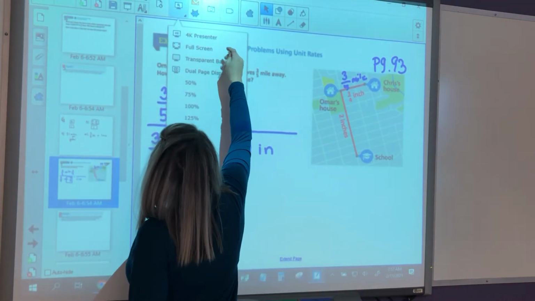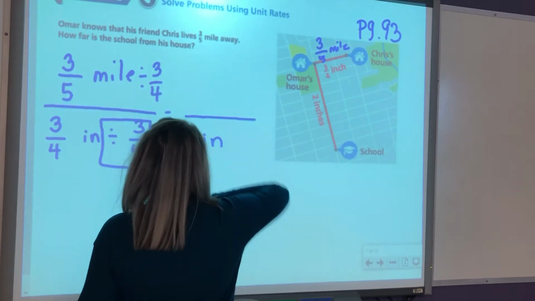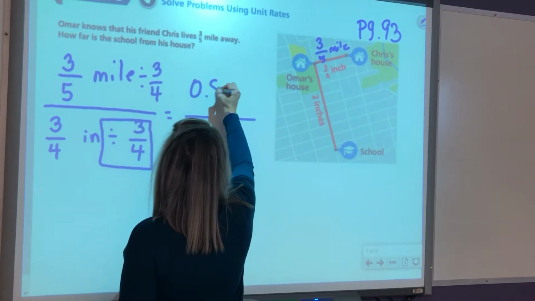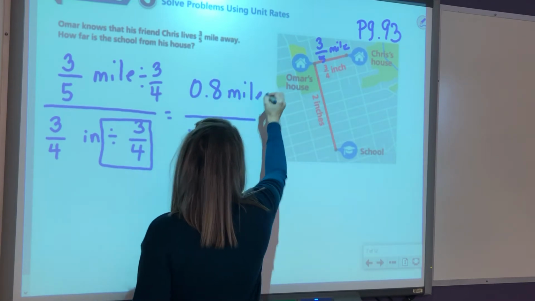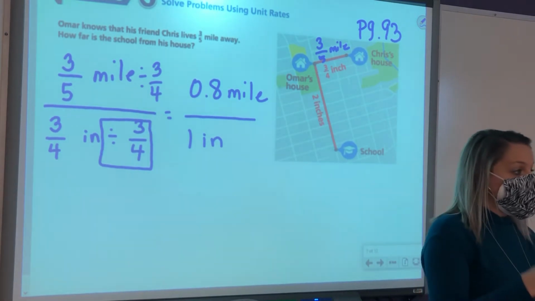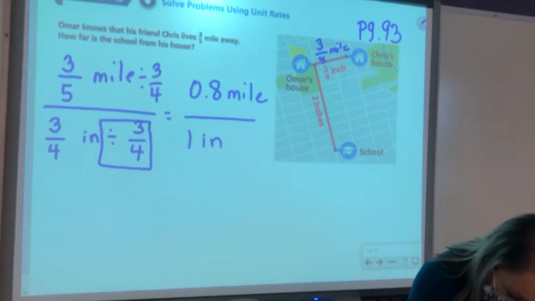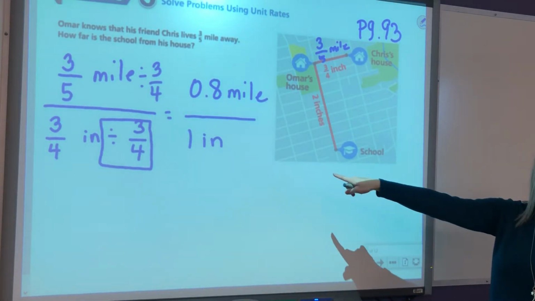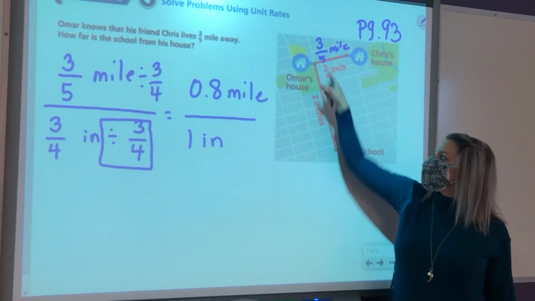So 8/10 of a mile is equal to how much? 1 inch. The school is not 1 inch away.